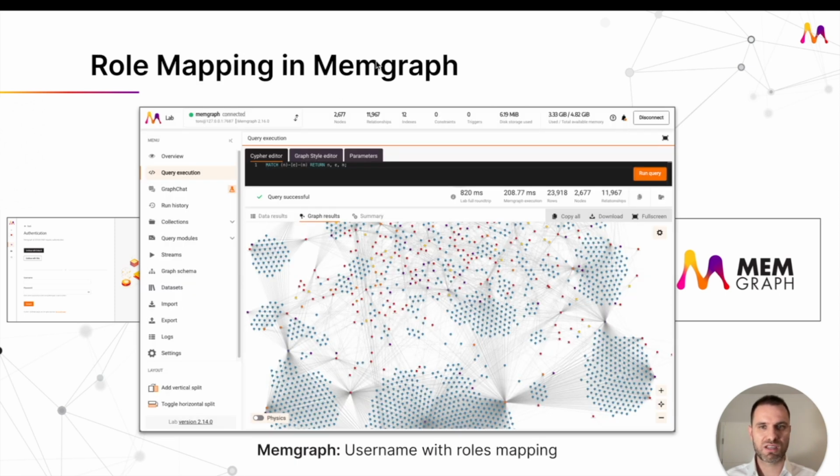Once a user successfully authenticates with Microsoft Entra ID or Okta, the user is seamlessly redirected back to Memgraph. Here, Memgraph performs additional validation, role mapping, and grants access, all in a single secure workflow.